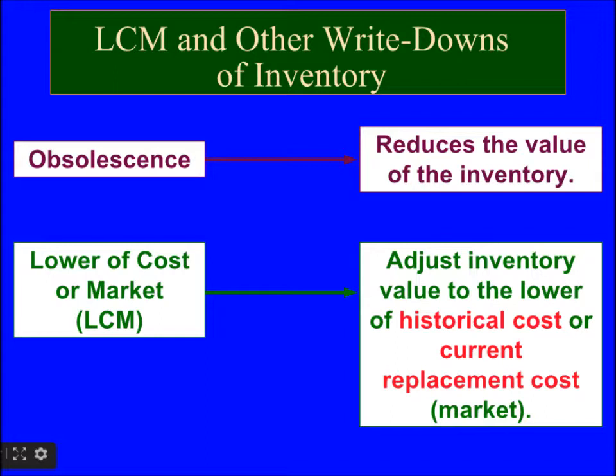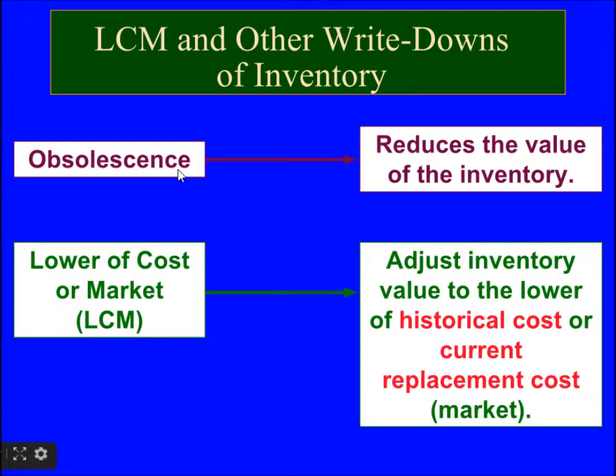Obsolescence. Obsolescence reduces the value of the inventory, meaning if a product becomes obsolete, we need to write it down, meaning it's no longer a product which is useful for the market.